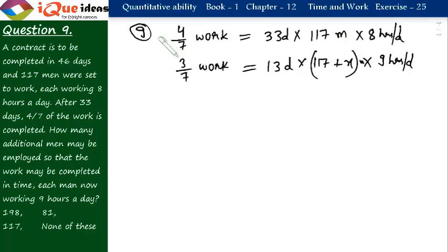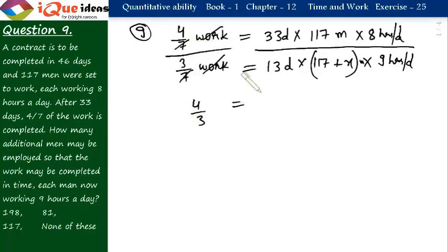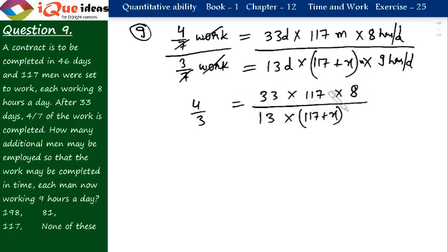Now whenever work is defined like this, divide. Or you can also say when the work is not equal, you have to divide. So if you divide this, you will get 7 and 7 get cancelled, work and work get cancelled. So we get 4 by 3 equal to 33 into 117 into 8 divided by 13 into 117 plus x into 9.